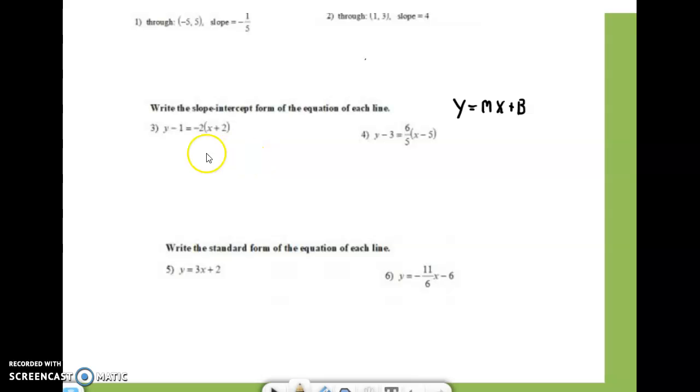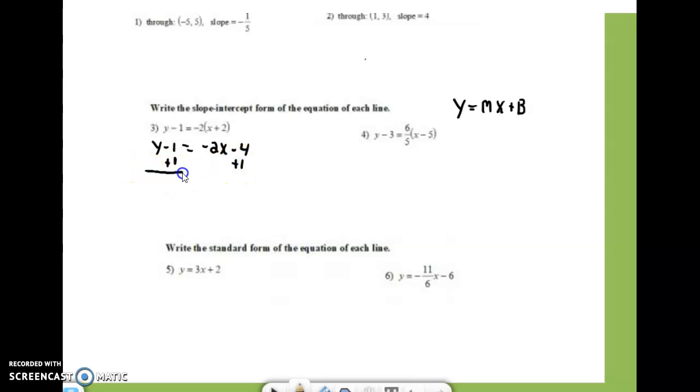Well, if you're going to follow the order of operations, I believe the first thing you'd want to do here is distribute your -2, which is the slope, remember, which is going to make this -2x minus 4. Now, all you're going to do is one more move, because I want to get y by itself, is I'm going to get rid of the 1 by adding it.